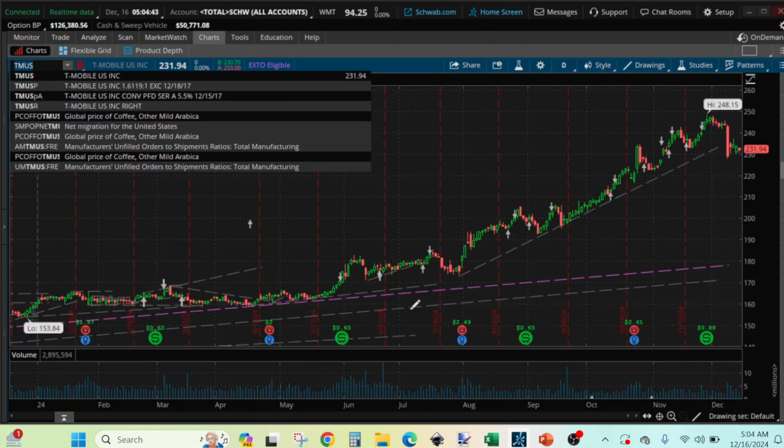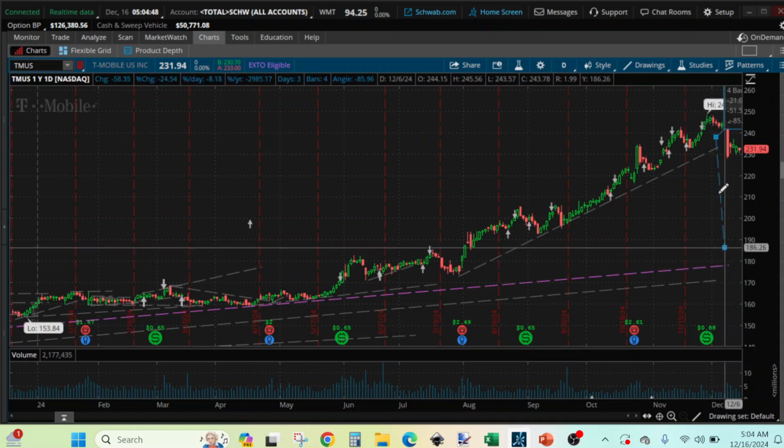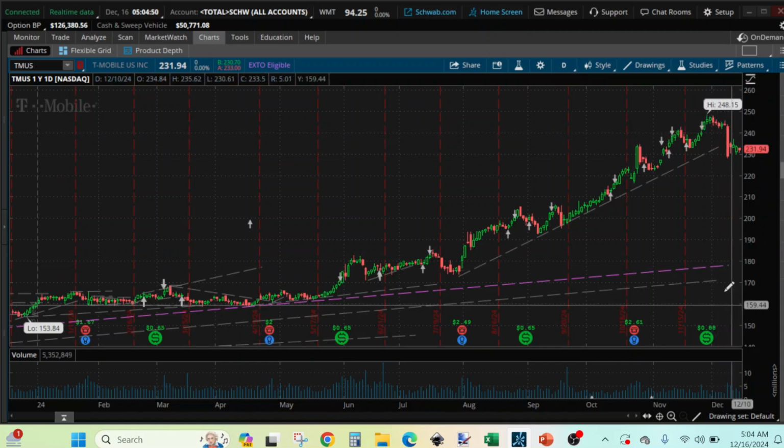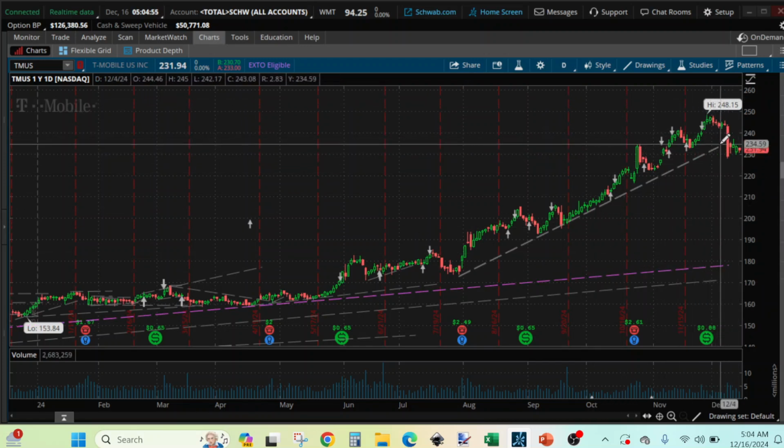TMUS, T-Mobile, we are targeting the entry point on this line here, and right now it is following this line. It fell off of it a little bit though.